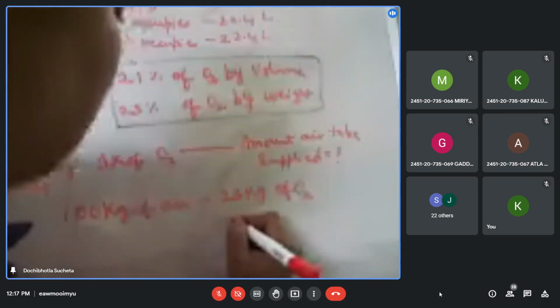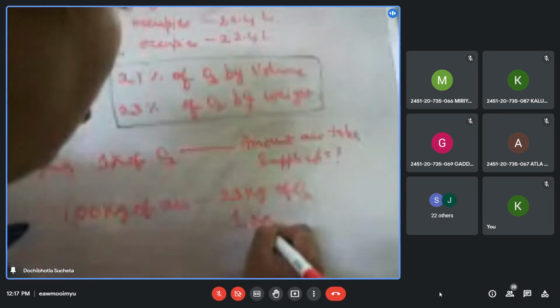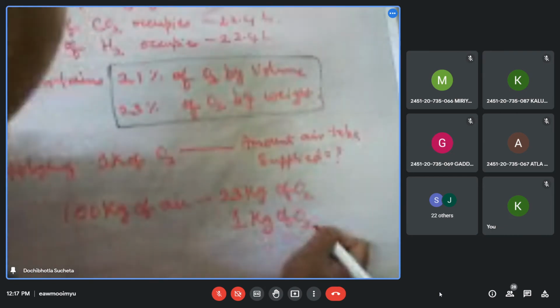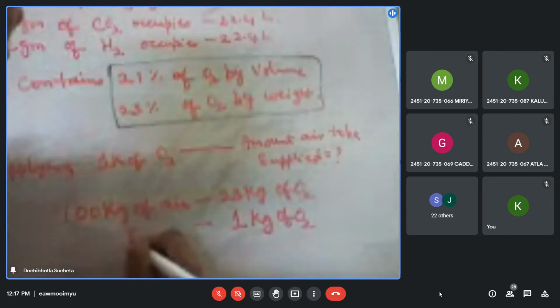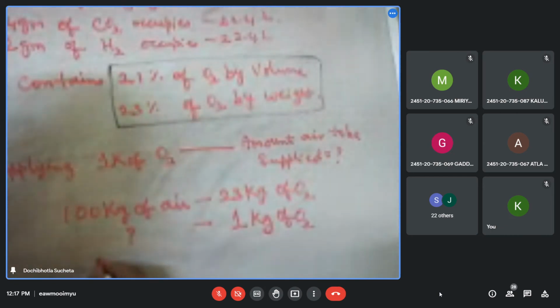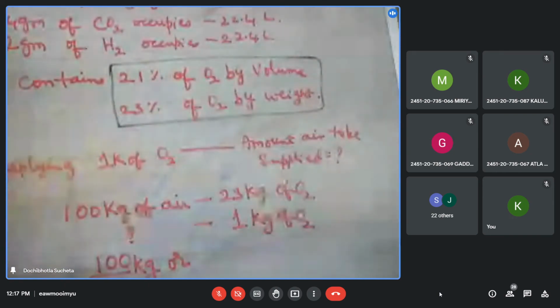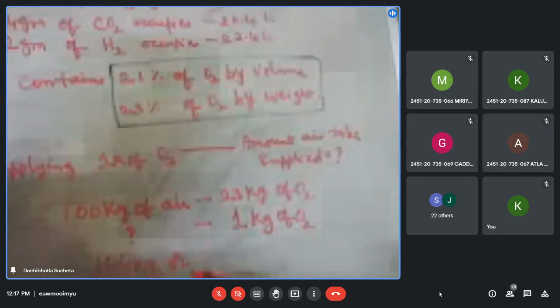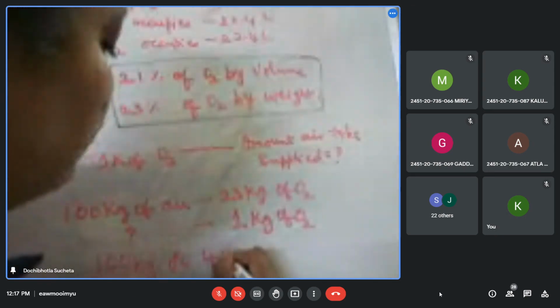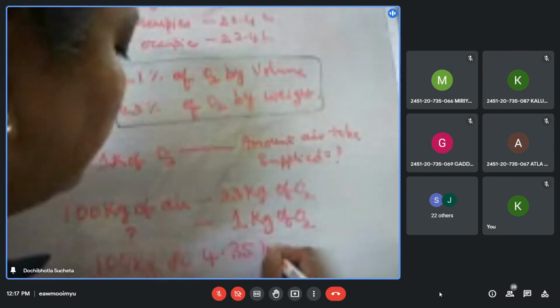So for supplying 1 kg of O2, I need to supply how much amount of air? 100 by 23 kgs, or 100 by 23 equals how much? 4.35 kgs. 4.35 kgs of air.